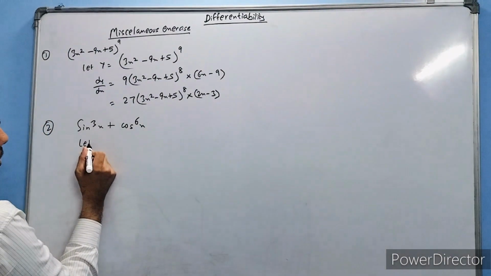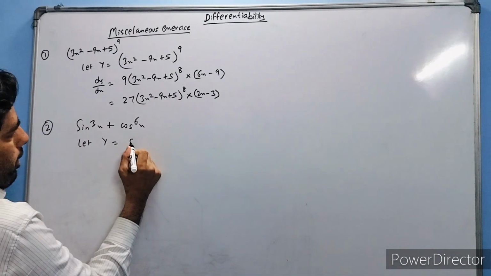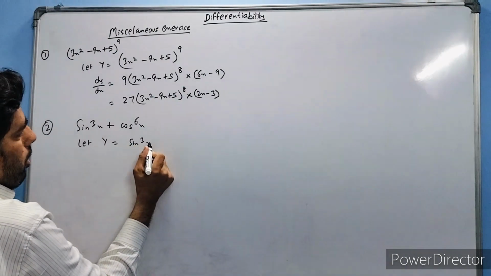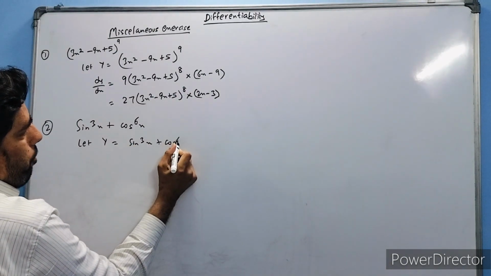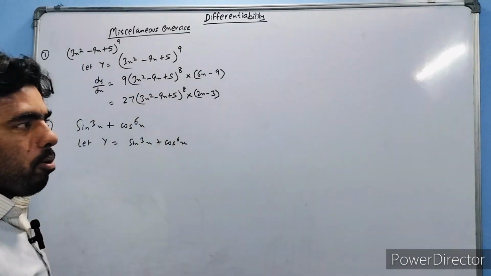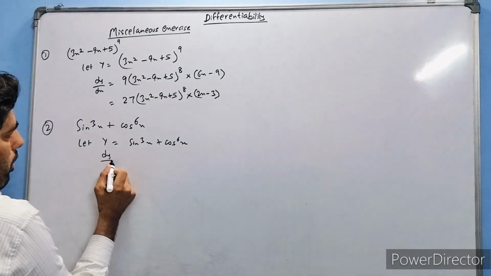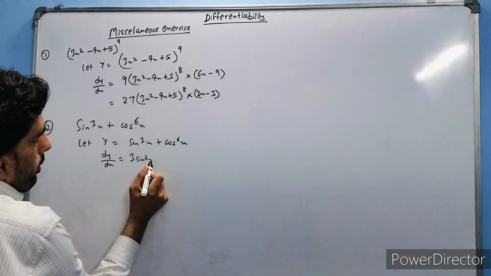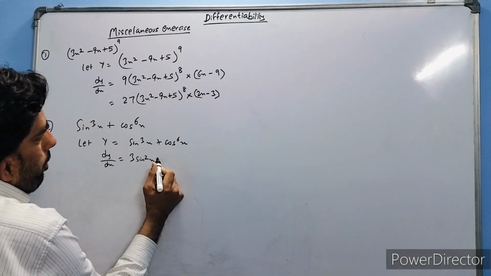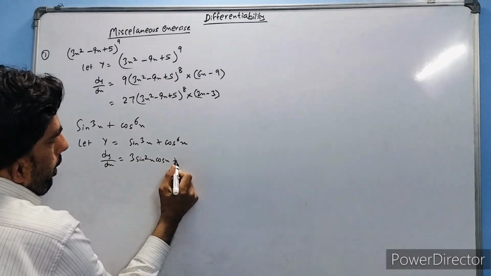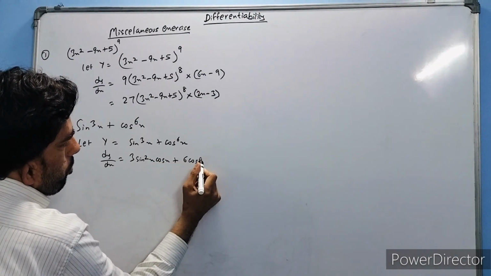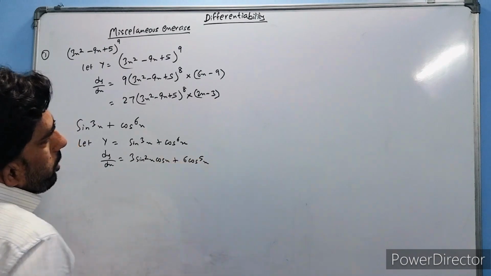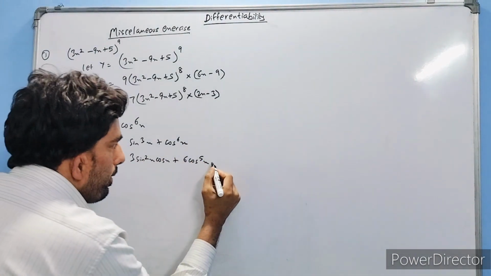First of all, the first step is, let us consider the function as y, so it will be easier for me to differentiate. So dy upon dx is equal to 3 sin square x into the differentiation of sin x, which will be cos x, plus 6 cos raised to power 5x into the differentiation of cos x, which will be minus sin x.